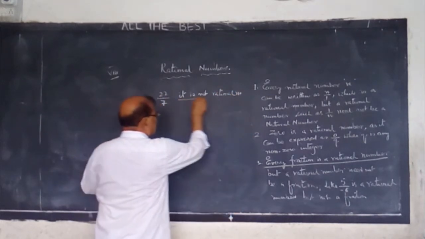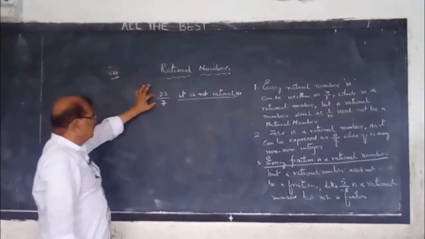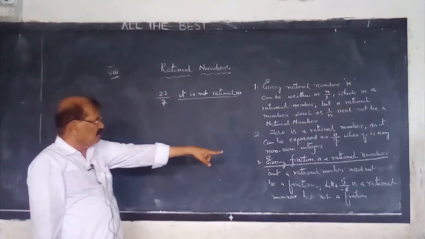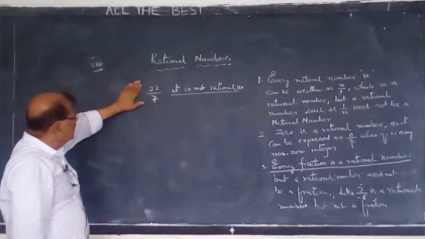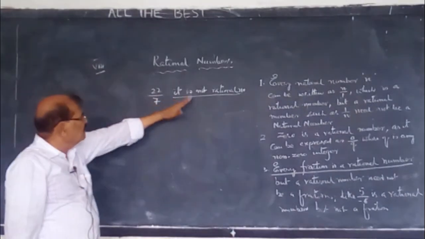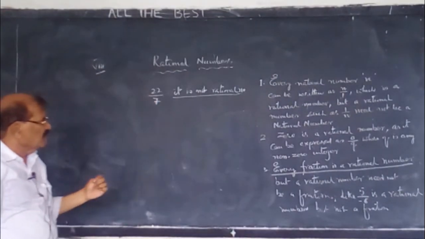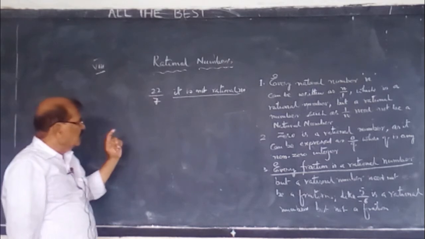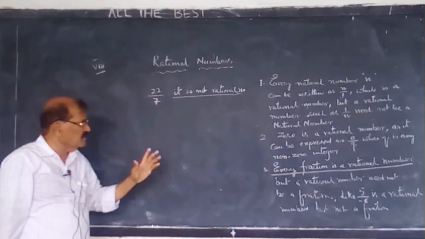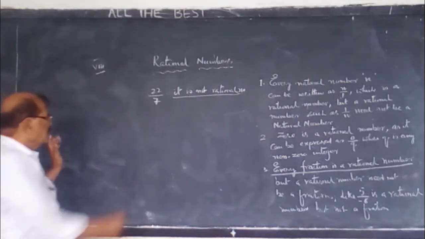Why? When it is in the form of p by q, it must be a rational number. Now, why don't we take 22 by 7 as a rational number? There, the accurate definition is expressed in terms of decimal form.